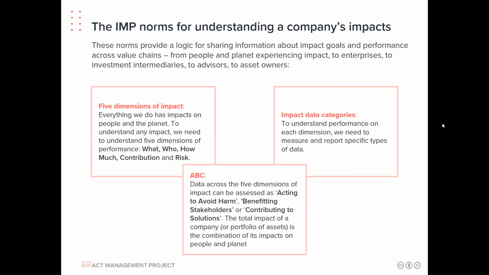Okay, so the rest of the session with that context is then going to go into these norms that were widely agreed on for the first couple of years that IMP facilitated, and look at it from the company's perspective. So we're going to talk about what is impact, and therefore what are the dimensions of performance that companies need to be looking at to measure and manage.